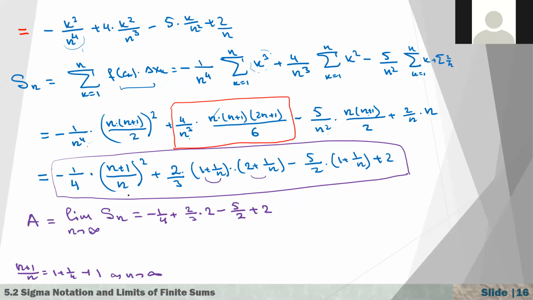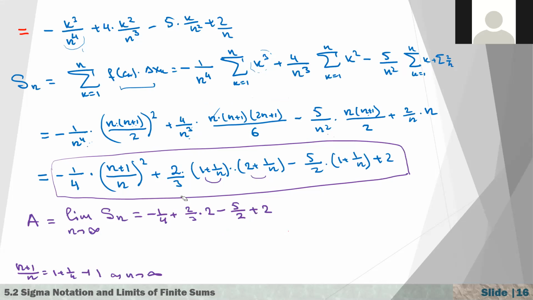No, the bottom one, like 2/3. This one? Yes, it's supposed to be 1 plus 1 over n square. No, why? Here we have this n, right? Actually, let me just write here. Here we have 4 over n times n squared. Here we have n times. Okay, I see my mistake. Okay, good, it's okay.